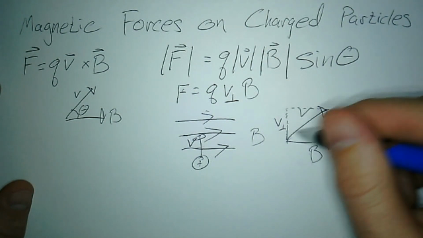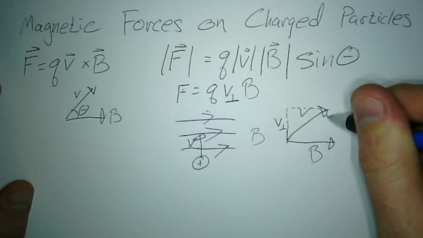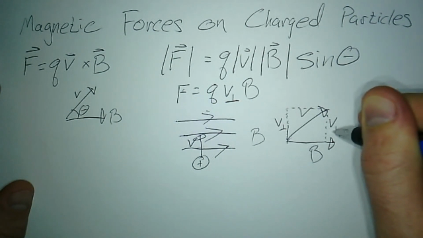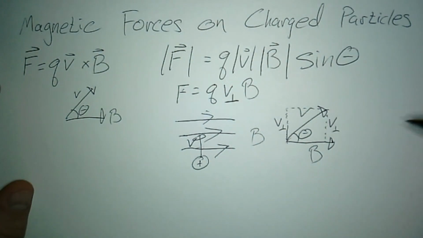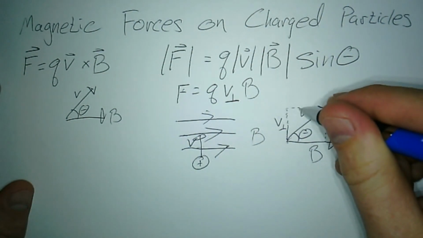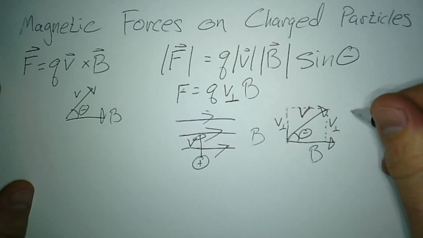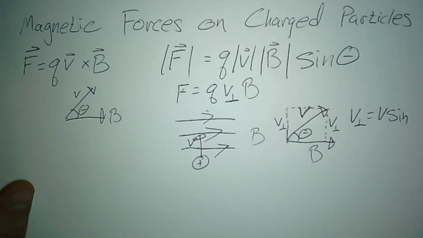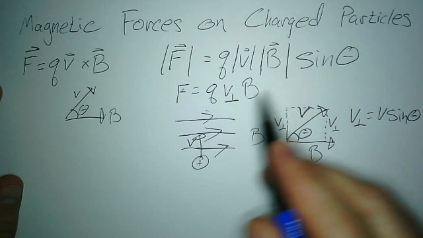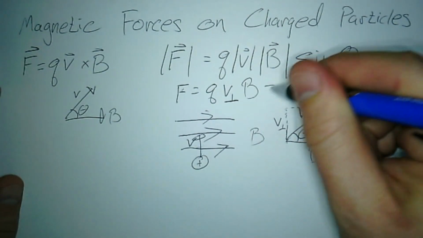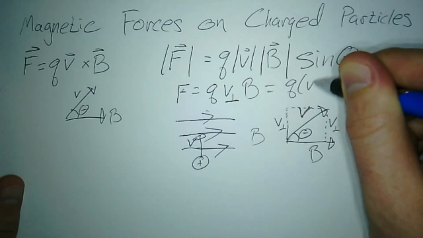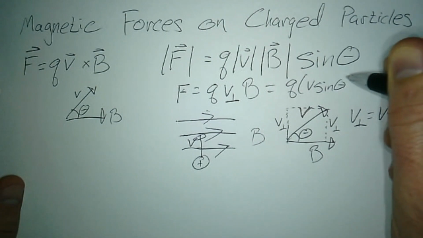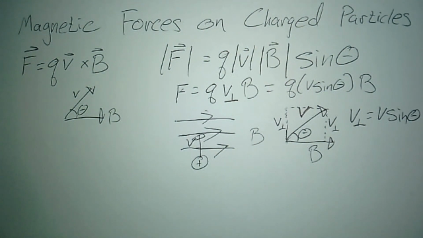If that's my theta, then this hypotenuse here is V, and V perpendicular is equal to V sine theta. So if I put that inside there, that's equal to Q times V sine theta times B. So it's the same thing. It's nothing different, nothing special.